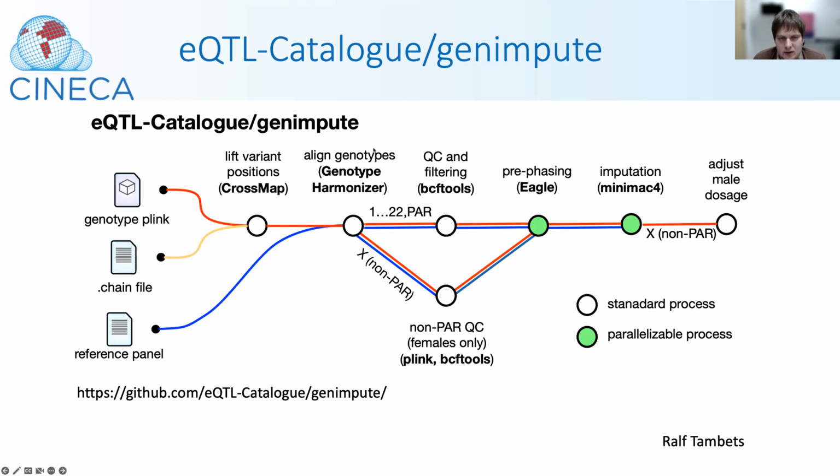We then make sure that genotypes align with the reference panel, do filtering, phasing, imputation, and then get the final results in the end. And we do it separately, for example, for chromosomes 1 to 22, and then the X chromosome, which needs to be handled separately in imputation.